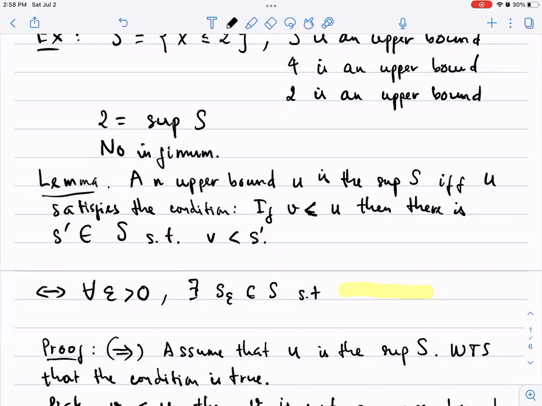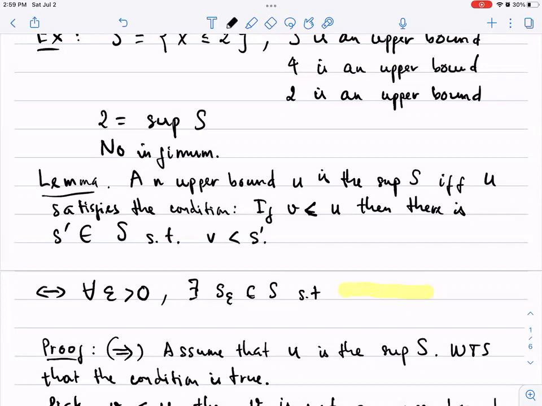If v is smaller than U, then there is some number s' in this set capital S such that v is smaller than s'.